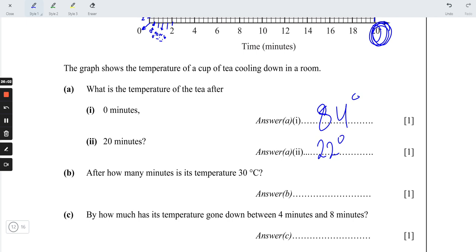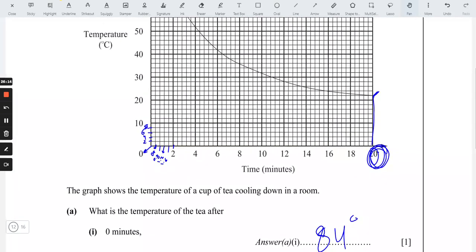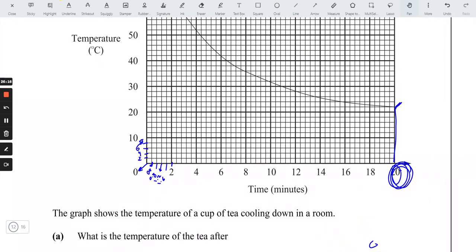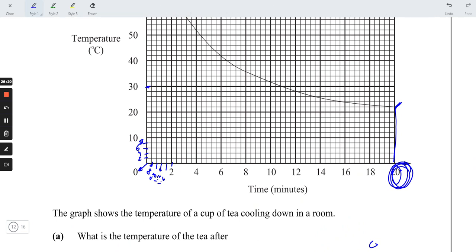Now after how many minutes is the temperature 30 degrees Celsius? We will start drawing a line from temperature 30, and we will touch the graph, and then we should go down.